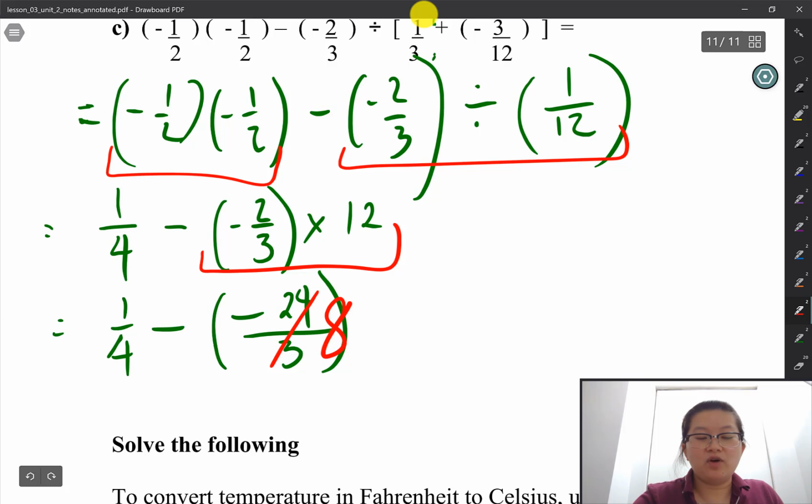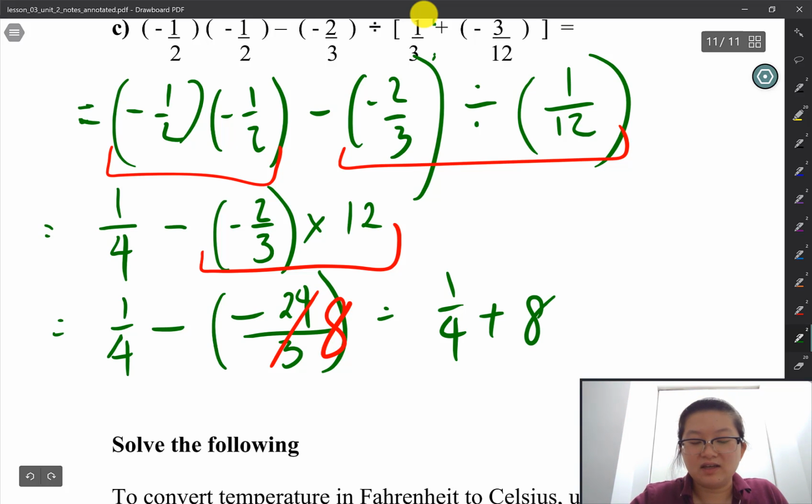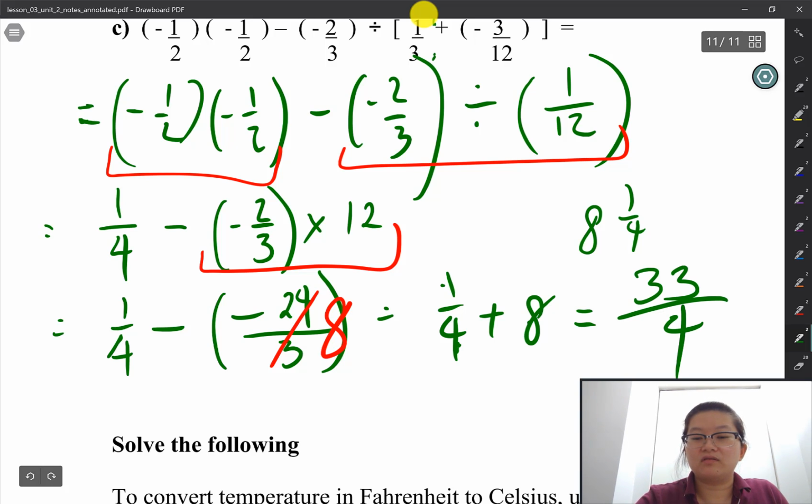Okay, so I have 1 over 4 minus negative 8, which is just the same as 1 over 4 plus 8. Okay, so this almost makes it easier to represent it with a mixed number. Our mixed number would just be 8 1/4. But as an improper fraction, okay, after we add the 8, it's going to be 8 times 4. 8 times 4 is 32 plus 1, 33 over 4.